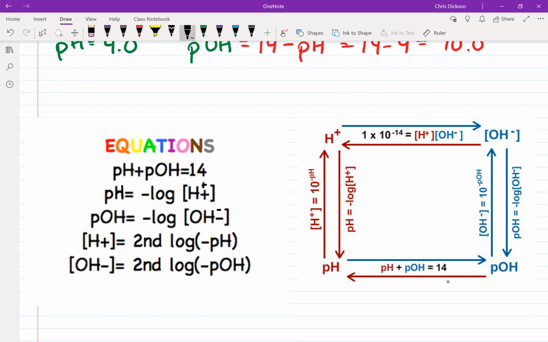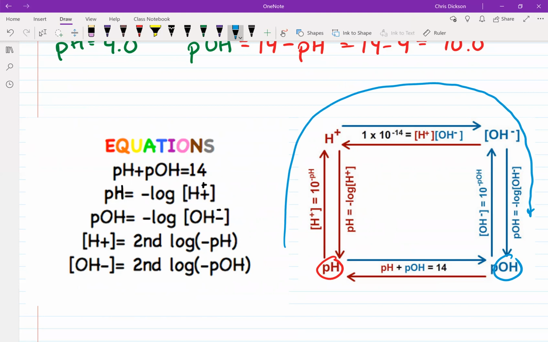So in the question we just did, we knew the pH and we were trying to get the pOH. You could go this way around the horn, and that's a lot of steps. You'd have to go up to H plus, which means you have to anti-log the number, then go over to hydroxide, which means using the KW value, and then go down to find the pOH.